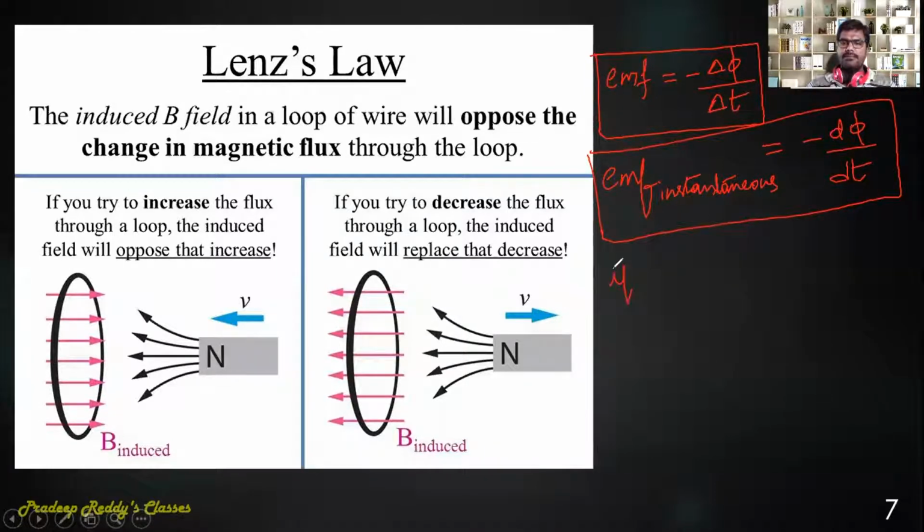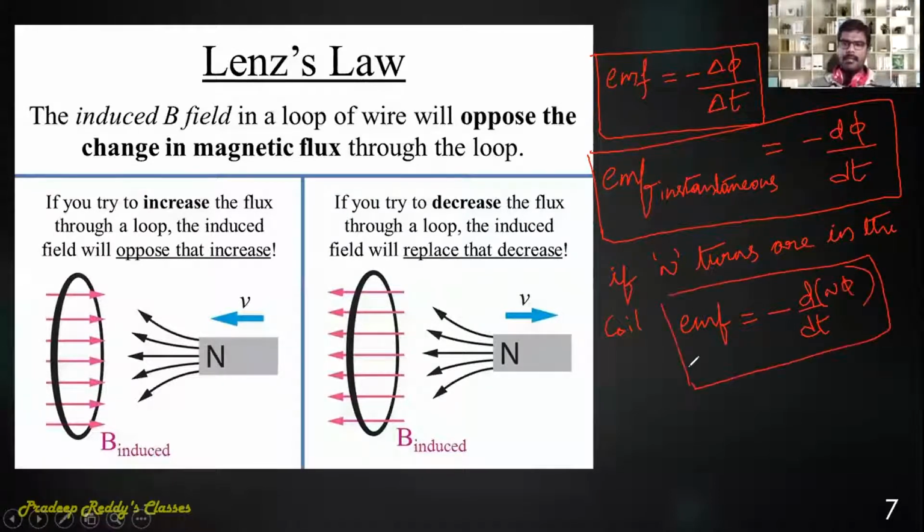And if n turns are in the coil, you can write EMF induced is equal to minus d by dt of n phi, if there are n number of turns.